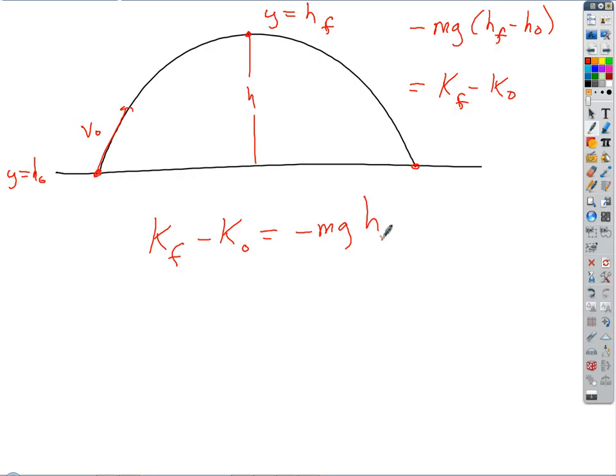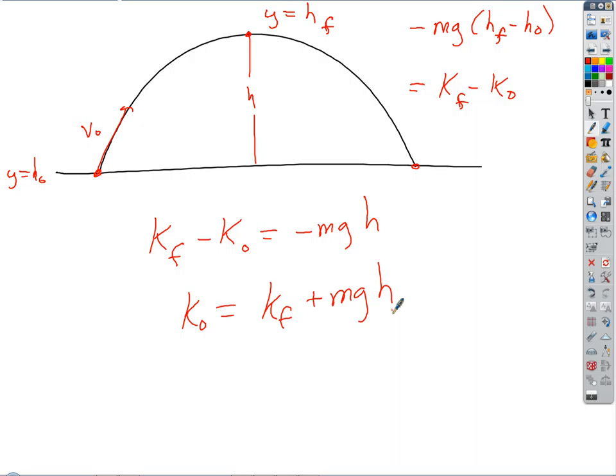So let's mix and match a little bit. Let's push this over to this side and this over to this side. Maybe flip them around. So on one side we've got K naught by itself. On the other side we've got K final plus mgh. Whoa, that's pretty cool.